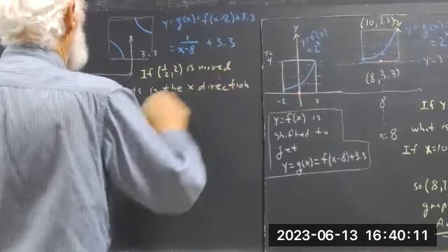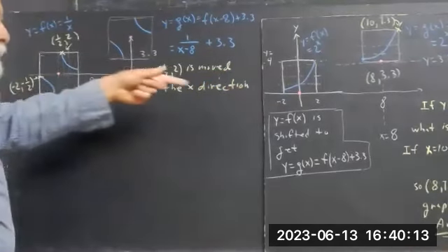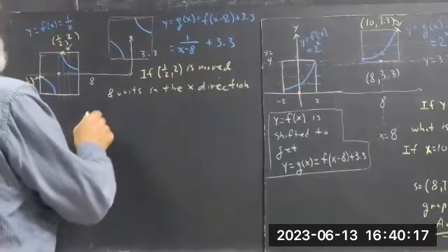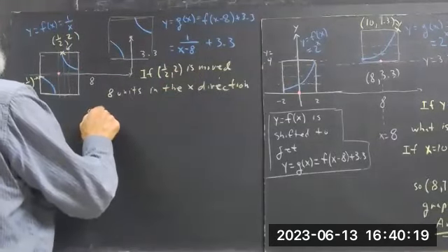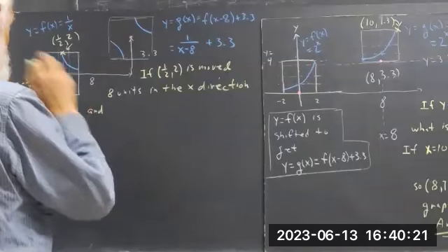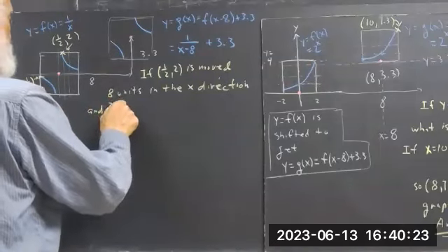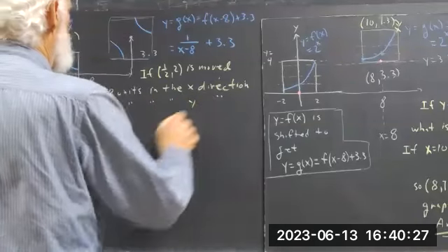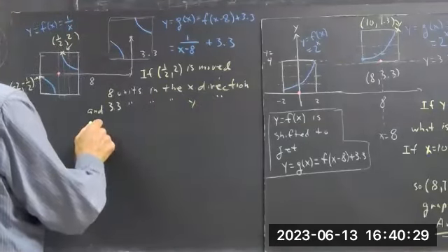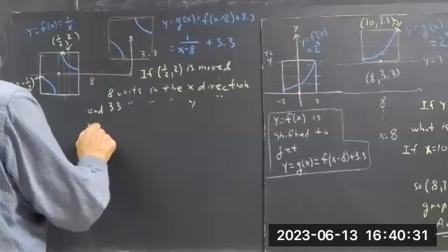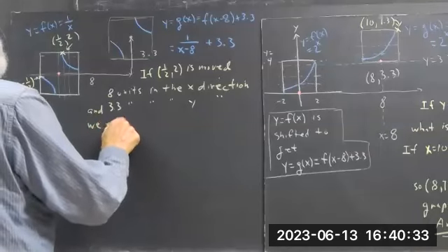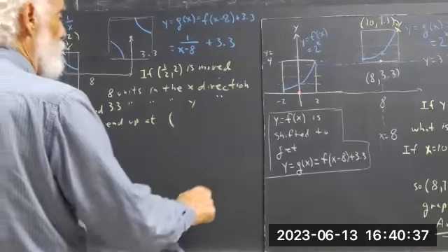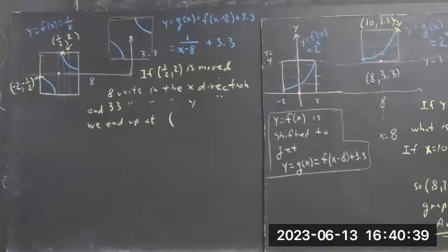I'm not going to say 8 units horizontally. The x direction is horizontal, so we say 8 units in the x direction and 3.3 units in the y direction. Where do we end up? What are the coordinates at the point where we end up?